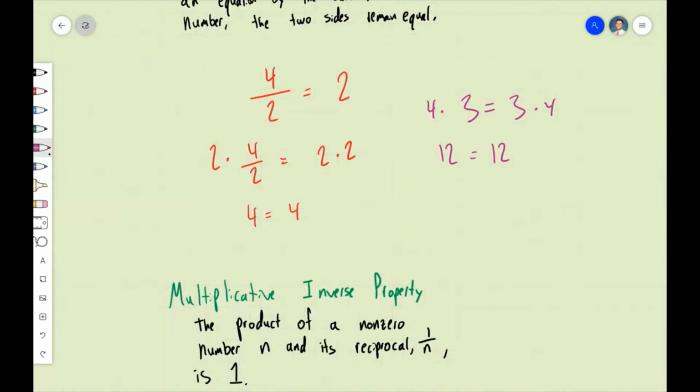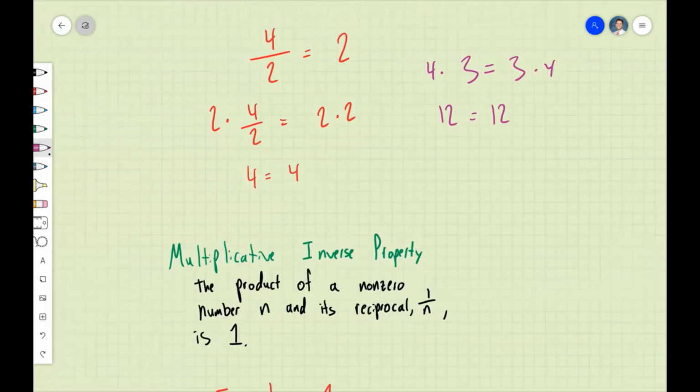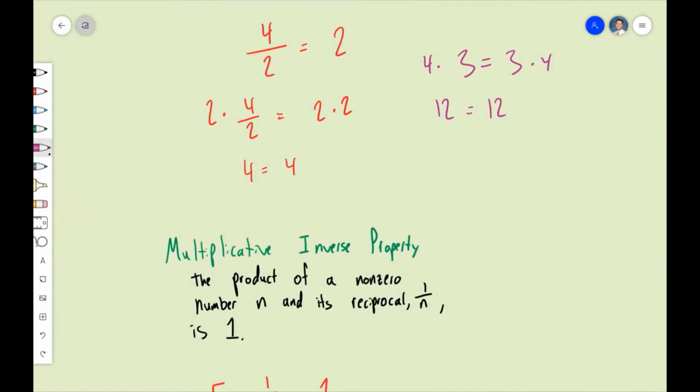Now another important property is the multiplicative inverse property, which says that the product of a non-zero number n and its reciprocal 1 over n is 1. If you remember reciprocals from dividing fractions, for example, the reciprocal of 3/4 would be 4/3.